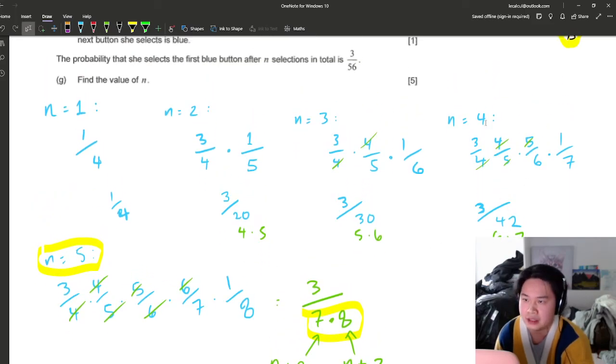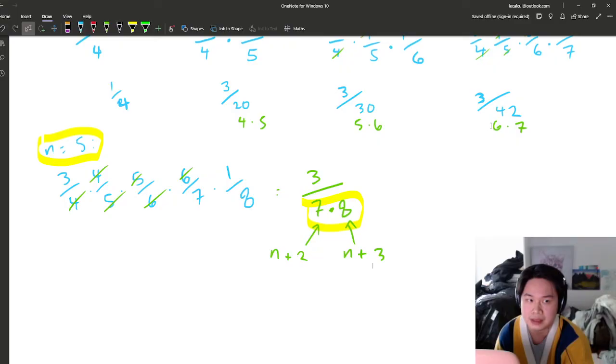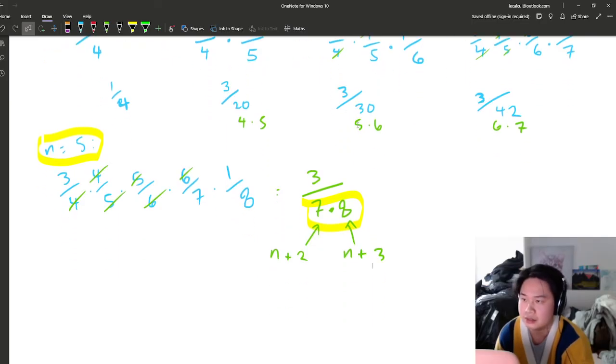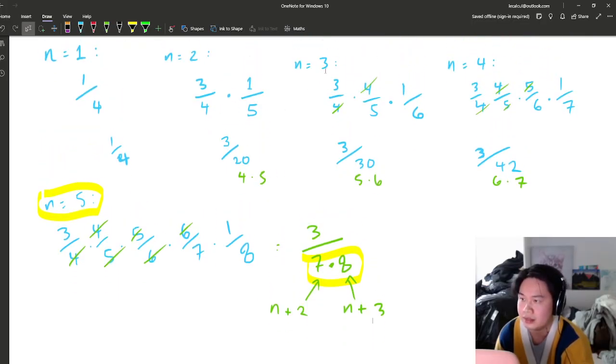If n is 4, then 4 plus 2 is 6, 4 plus 3 is 7, right? This one is n is 3, so 3 plus 2, 3 plus 3. This one is 2 plus 2, 2 plus 3. And then this one here, right? Does it still work? Let's see.